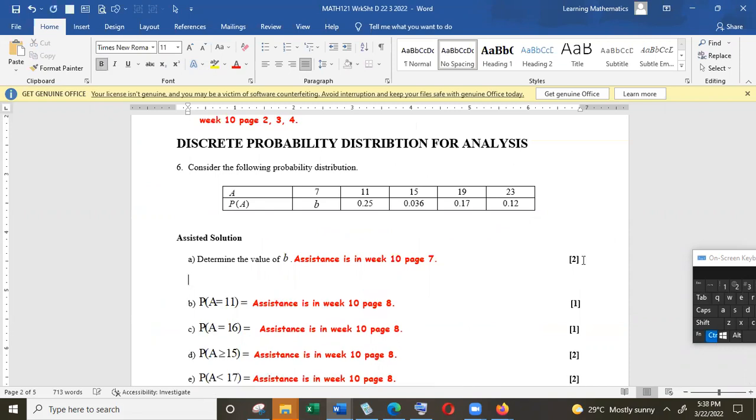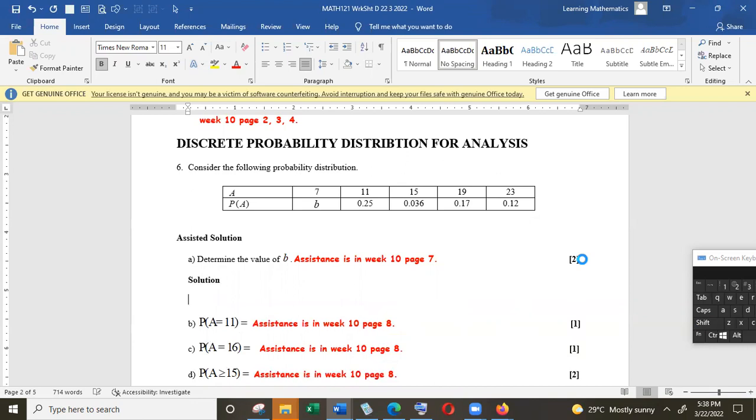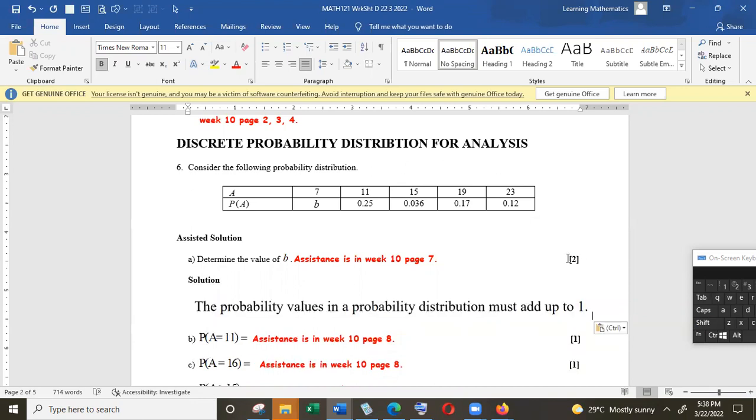So for the solution for part A, let's bring this forward. The probability values must add up to 1.